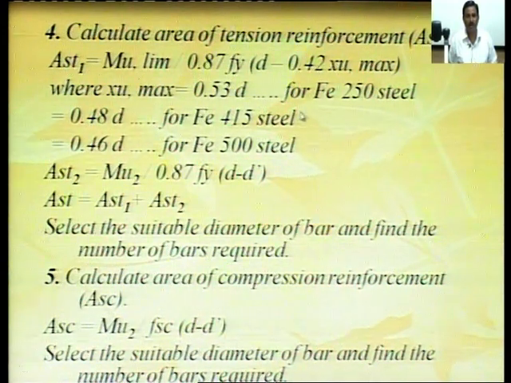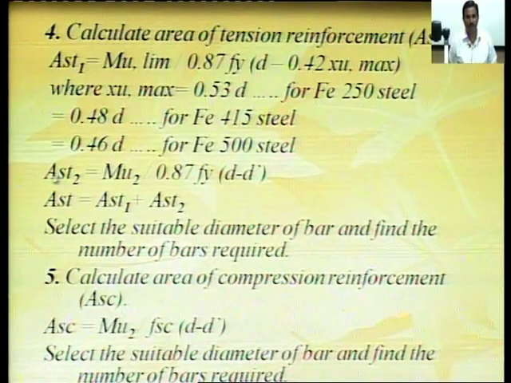So, there are three types of steel, and these are the three values of maximum depth of the neutral axis. Then find the value of Ast2, which is equal to Mu2 divided by 0.87 Fy into d minus d dash. Then add these two, Ast1 plus Ast2, and find the value of the total area of tensile reinforcement.